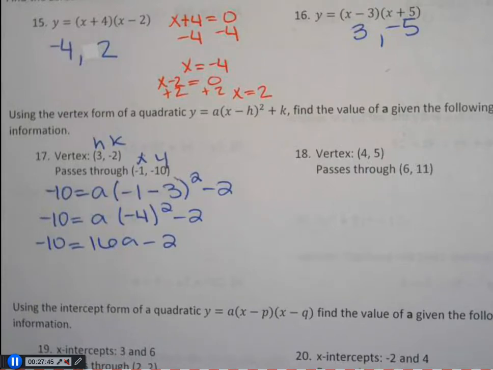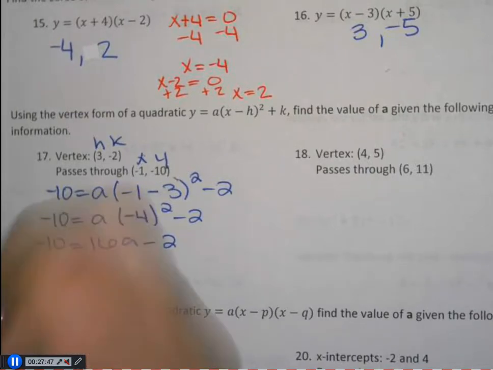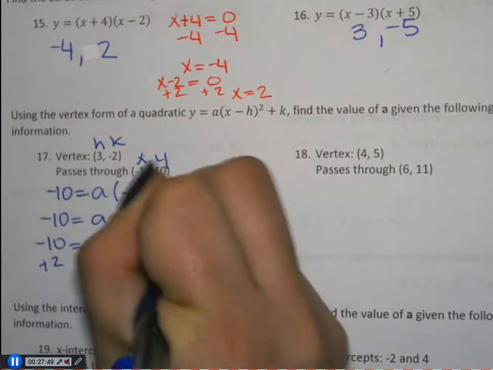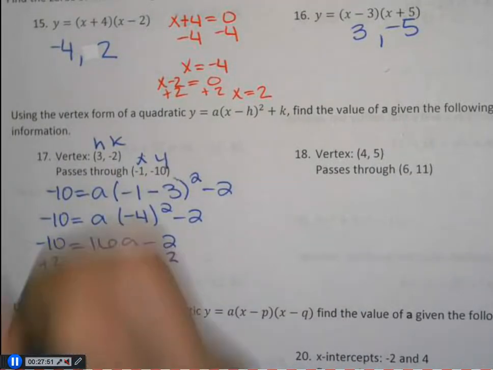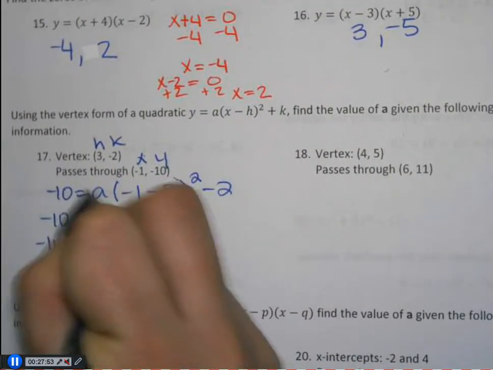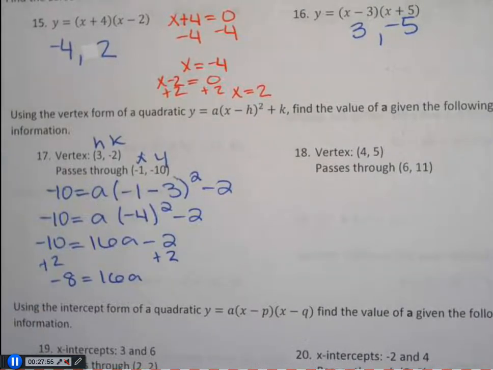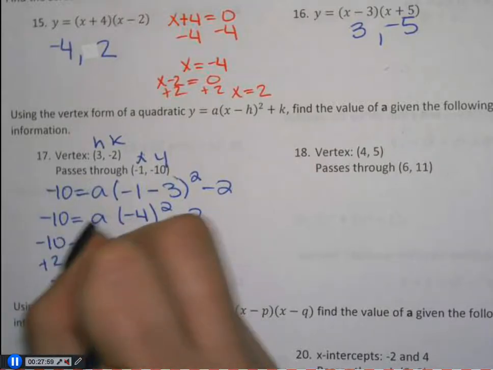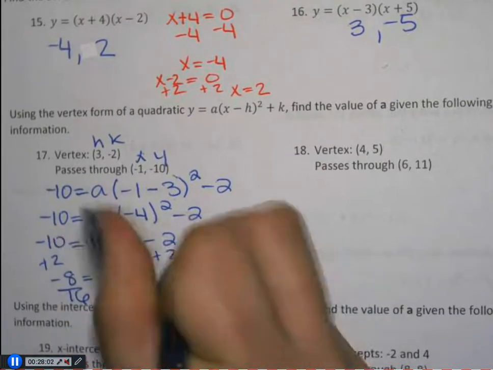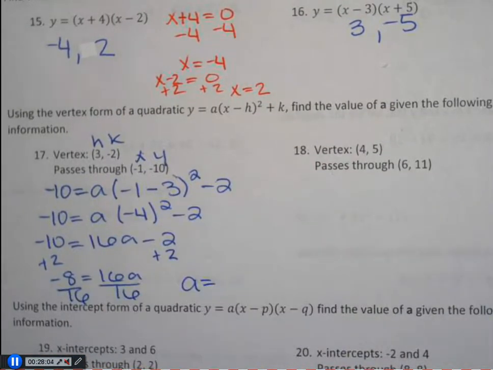Okay, so then what do I want to do? Add 2 to both sides. -10 plus 2 is... Divide by what? Nope. 16, I'm trying to get the letter A by itself. -8 divided by 16 is... Try again.